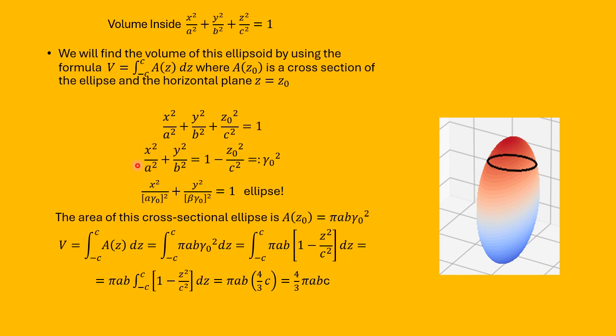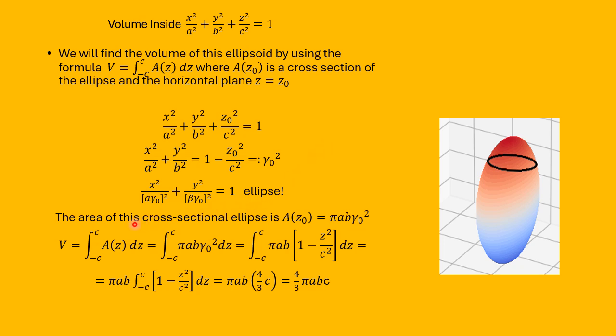If two of the numbers, like A and B, are equal and greater than, let's say, C, then we get what's called an oblate ellipsoid of revolution, or just an oblate spheroid. In this particular case, we can get it by revolution, and we can use our calculus techniques for finding volumes when you sweep a region around, let's say, an axis.